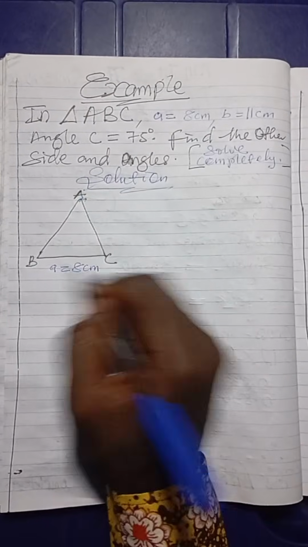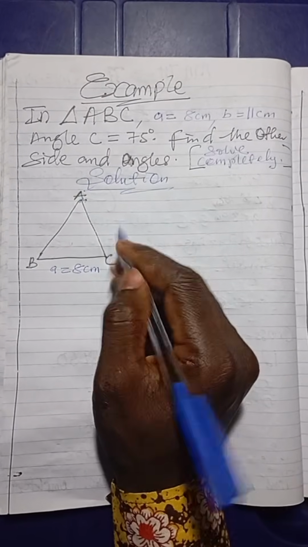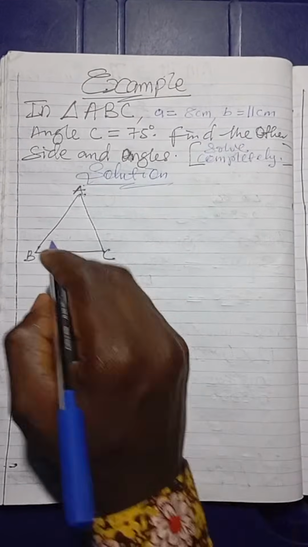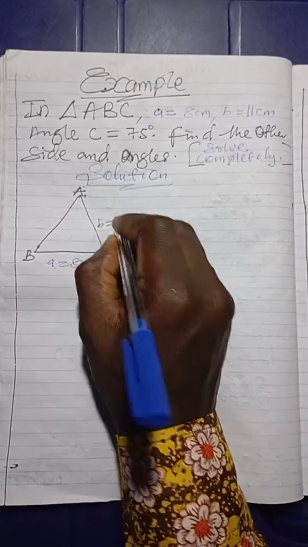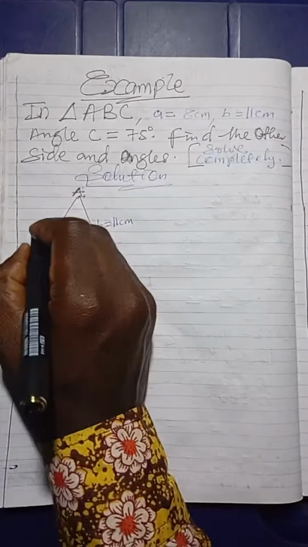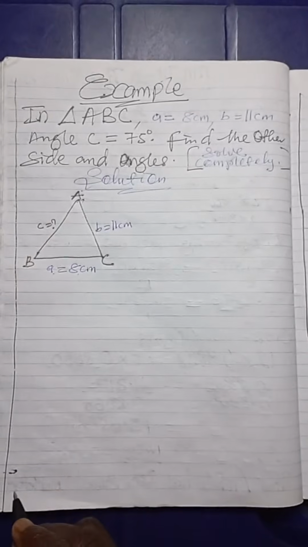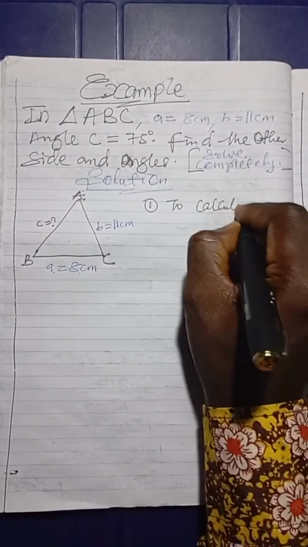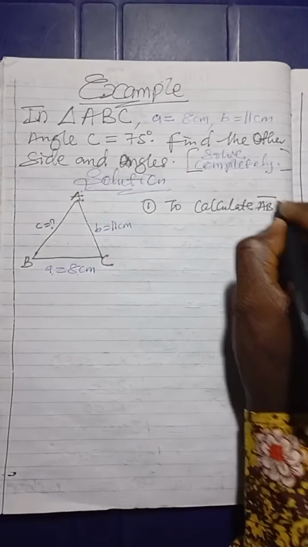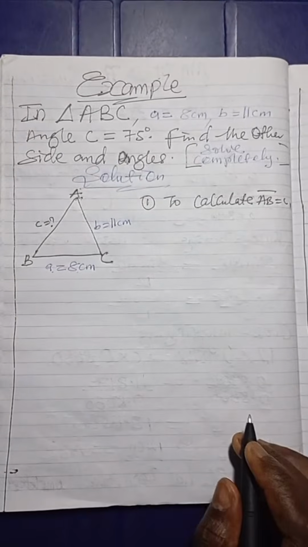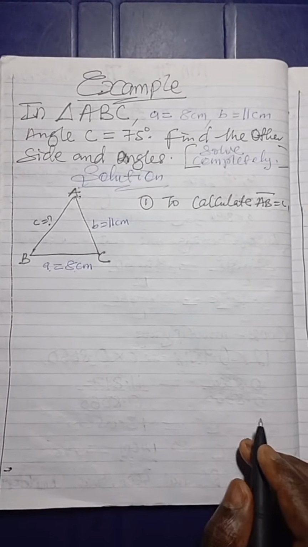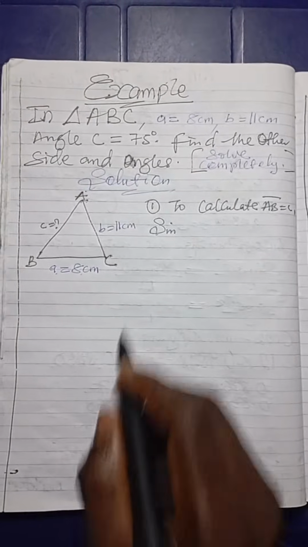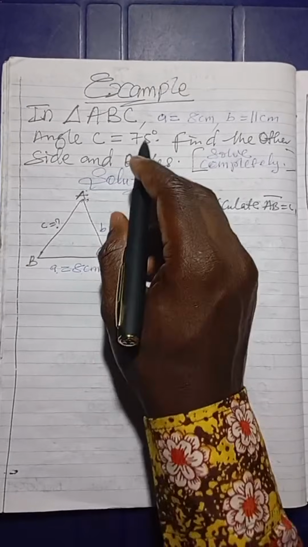So if here is A, here is B, here is C. Our A is 8 cm, our B is 11 cm. So B equals 11 cm. So we don't know C. Okay. First, to calculate AB, which is our C, see what we are going to do. Sine. Okay, remember that this is 75.